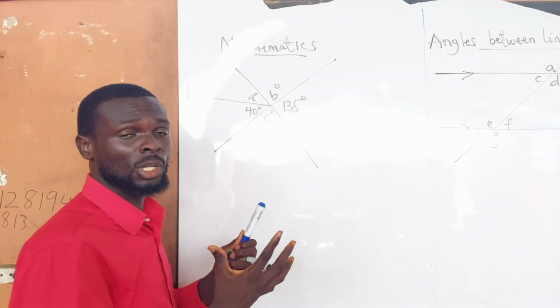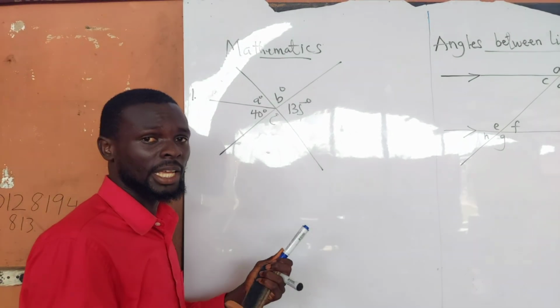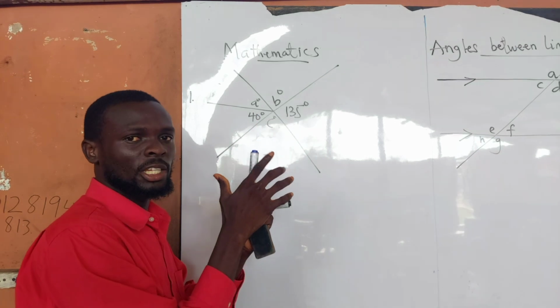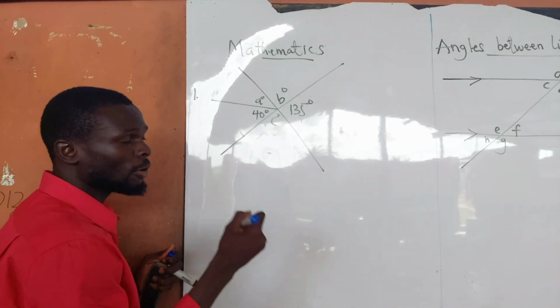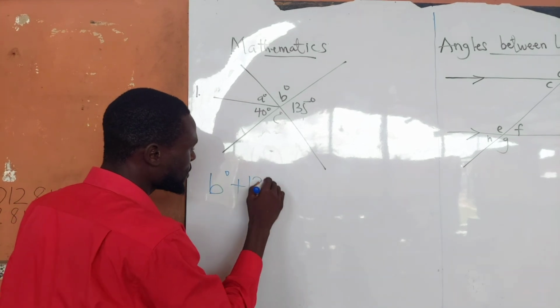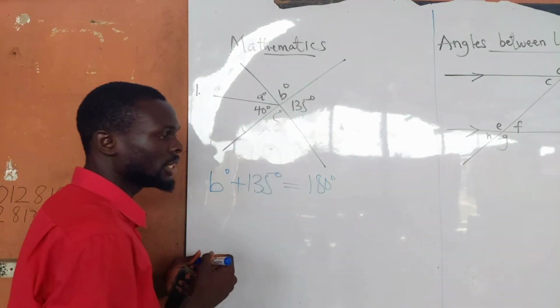What do we say angles on a straight line are? We said they are the angles that sum up to 180. So if B and 135 are on a straight line, then to solve for B, we can say B plus 135 is equal to 180 degrees.